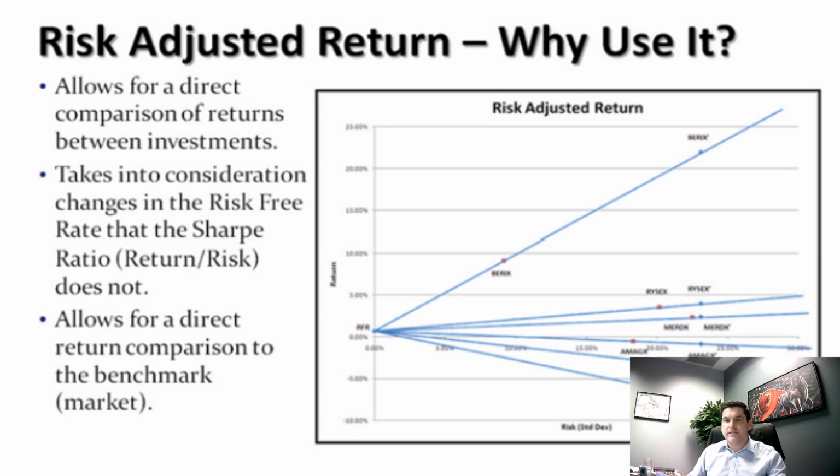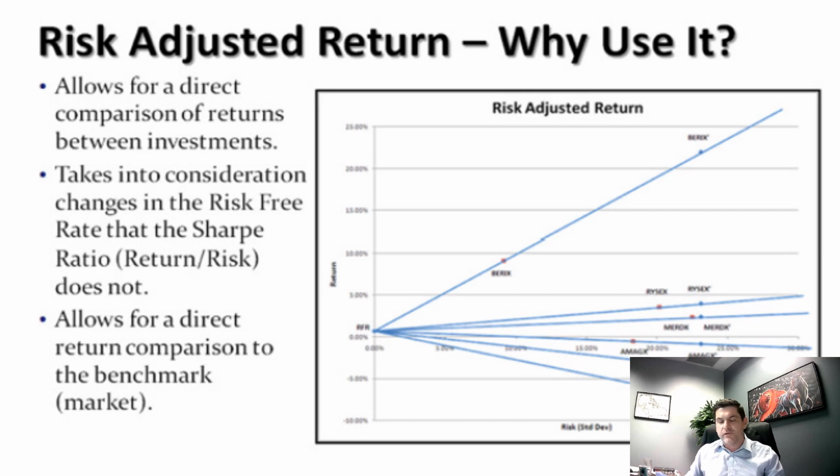It also takes into consideration the changes in the risk-free rate, or in this case, we're using that 3-month treasury, which the Sharpe ratio, which is another way to calculate risk versus return, does not, and I'll go over that in another video. But most importantly, allows for a direct return comparison to a benchmark or the market.